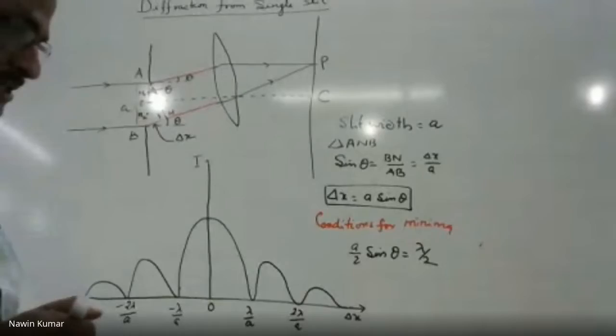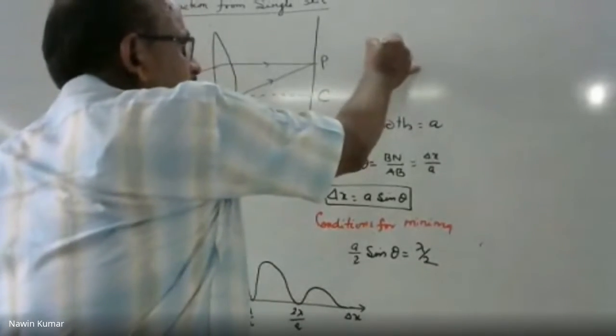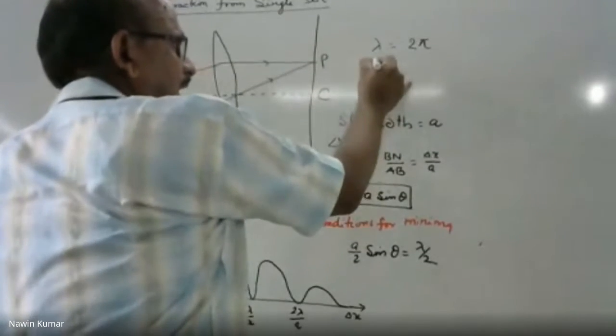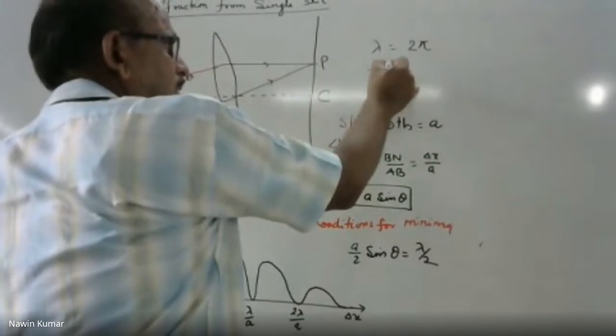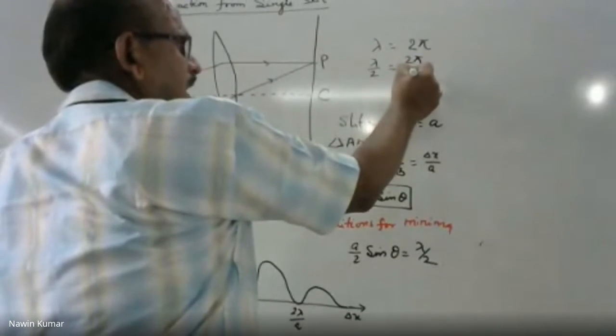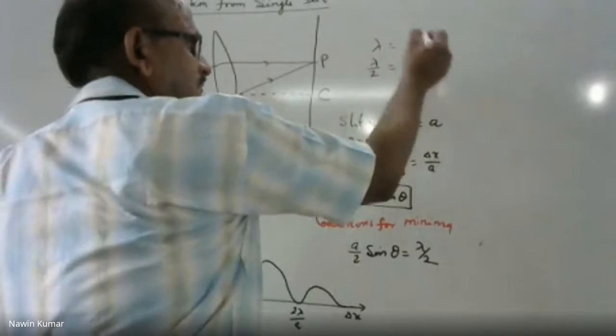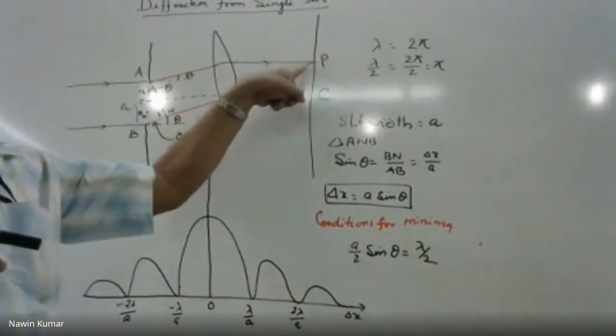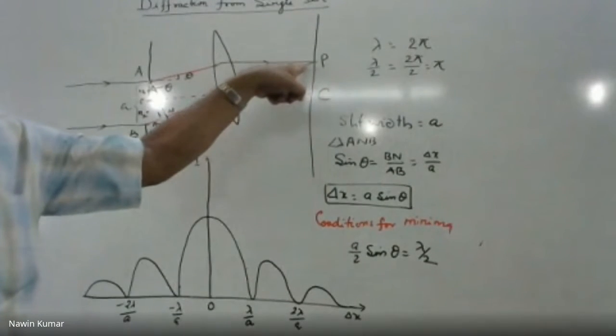Because if the path difference is lambda, then the phase difference is 2 pi. And if the path difference is lambda by 2, the phase difference will be 2 pi by 2, so it is pi. It is out of phase, so intensity will be minima at point P.